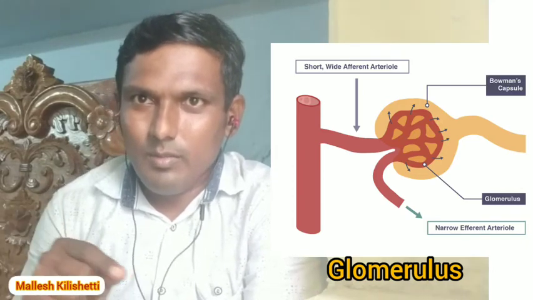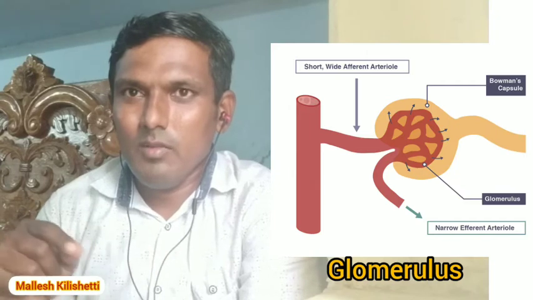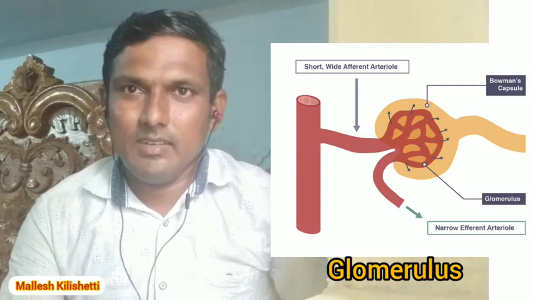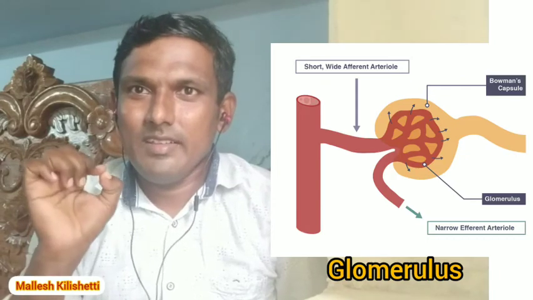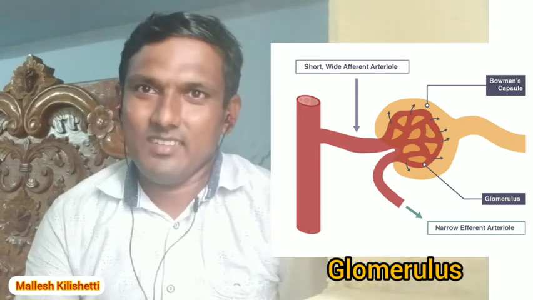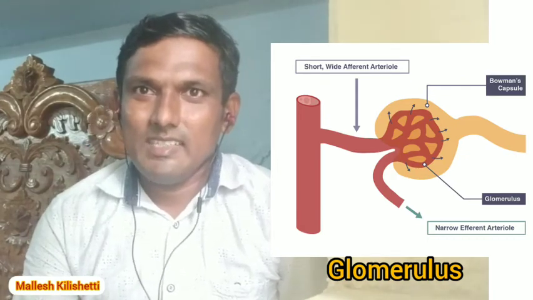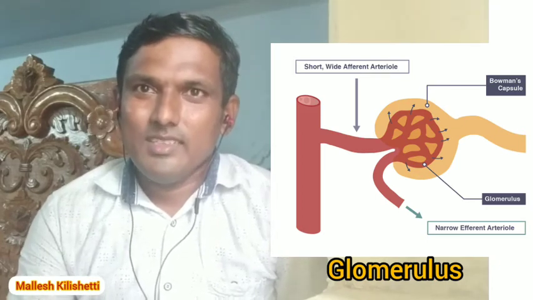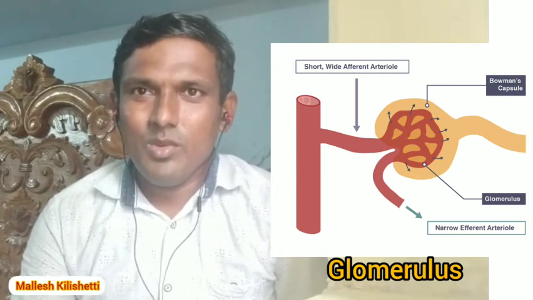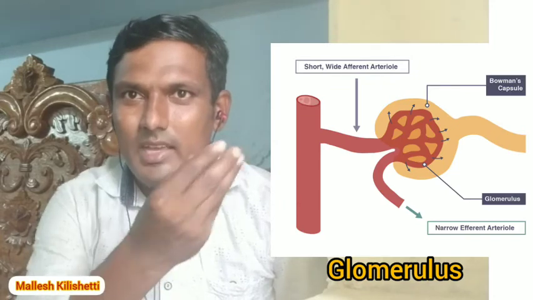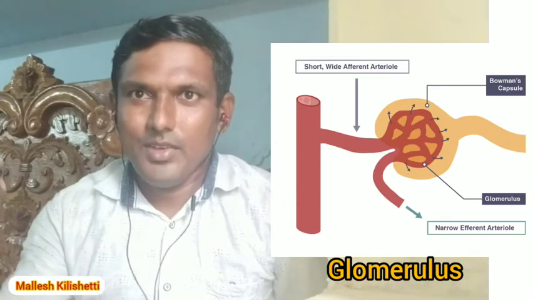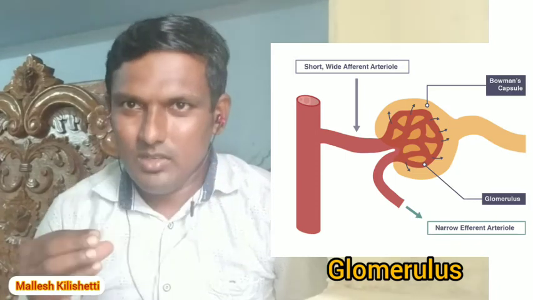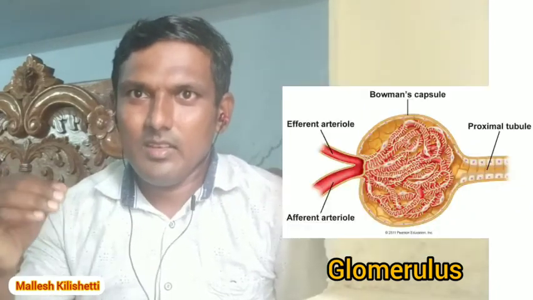The Bowman's capsule contains an epithelial layer, and the epithelial layer contains tiny cells called podocyte cells. Because the afferent arteriole has a large diameter and the efferent arteriole is narrow, pressure builds up, and the blood is filtered through the podocyte cells.